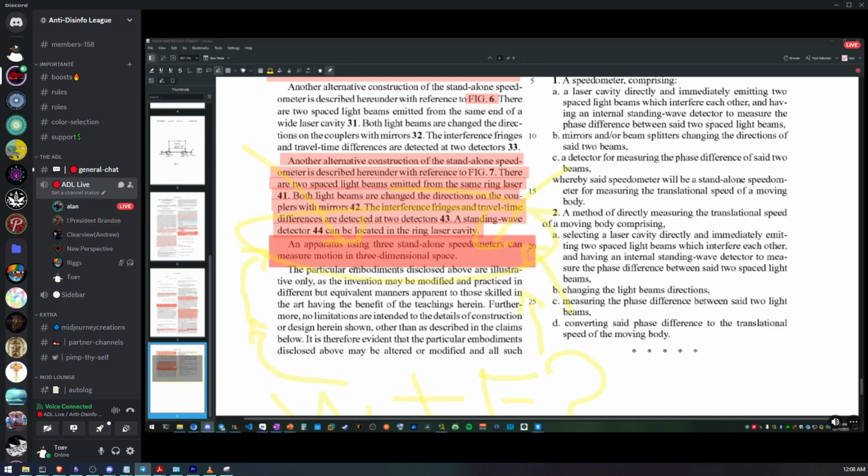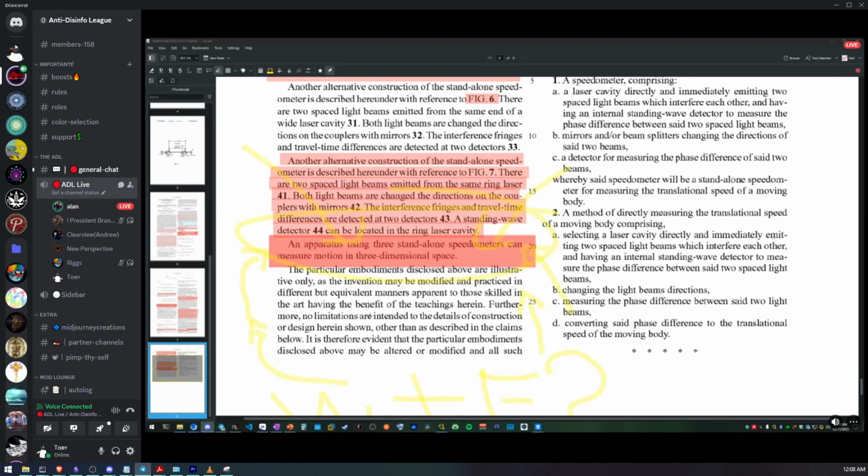The particular embodiments disclosed here above are illustrative only, as the invention may be modified and practiced in different but equivalent manners apparent to those skilled in the art having the benefit of the teaching herein.